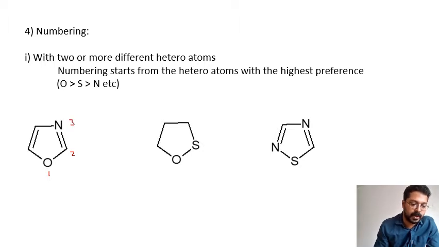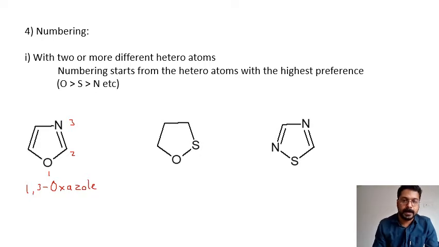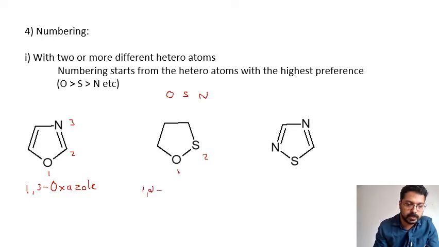So the name will be 1,3-oxa plus aza plus -ole, that is 1,3-oxazole. Here again, the first preference is oxygen. I told you the order of preference is oxygen, sulfur, and nitrogen. So this is 1, it is 2.